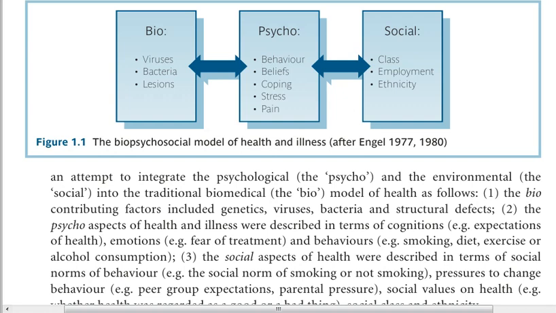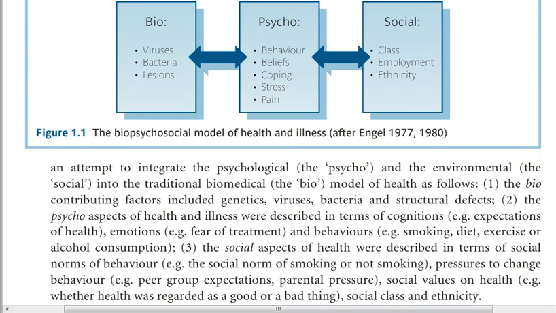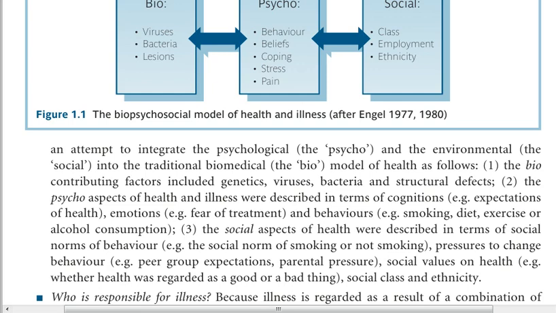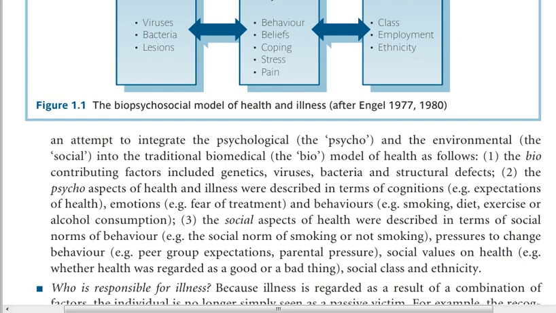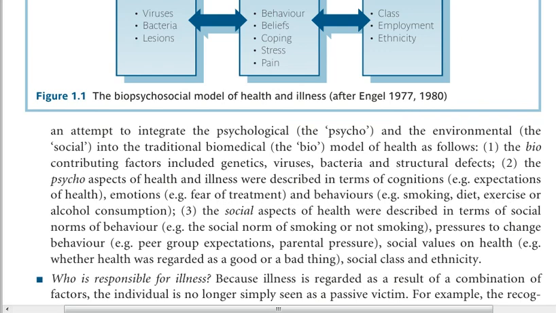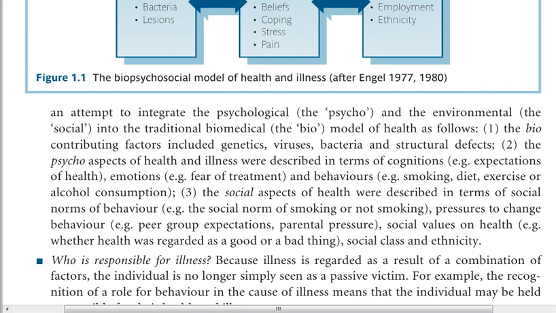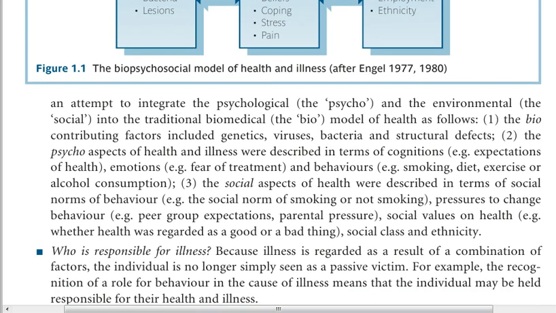The third, the social aspects of health were described in terms of social norms of behavior, e.g., the social norm of smoking or not smoking, pressures to change behavior, e.g., peer group expectations, parental pressure, social values on health, e.g., whether health was regarded as a good or a bad thing, social class and ethnicity.